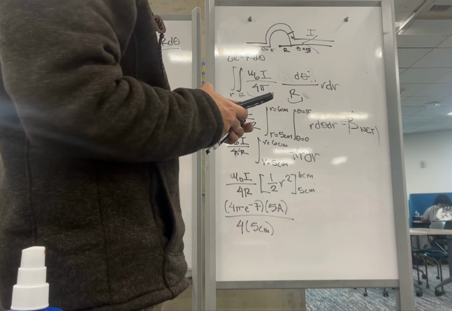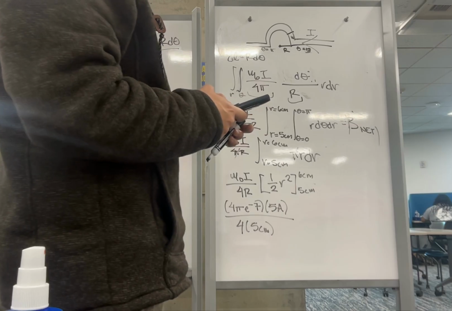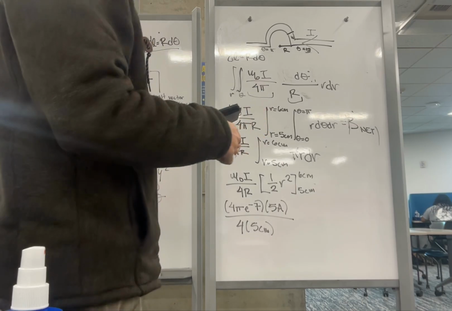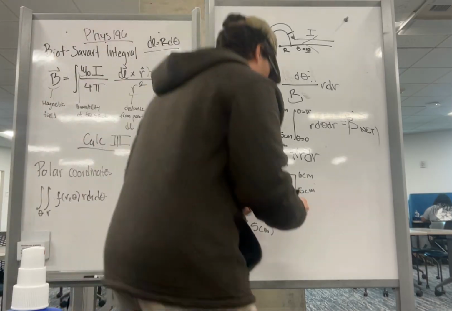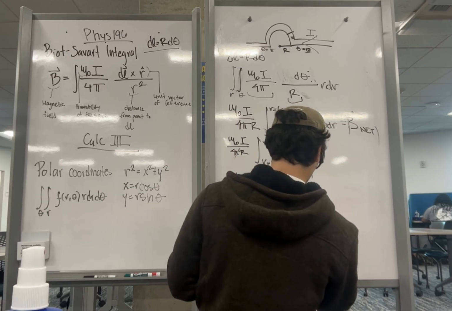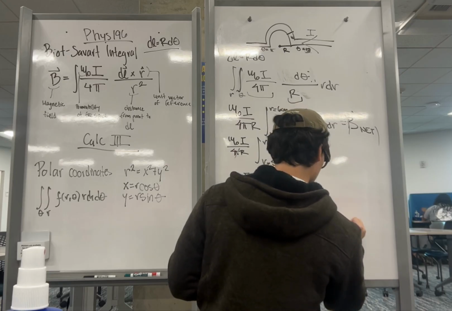And that gives us roughly, I'm going to put this in scientific notation, 5.5 times 10 to the negative 4th meters.